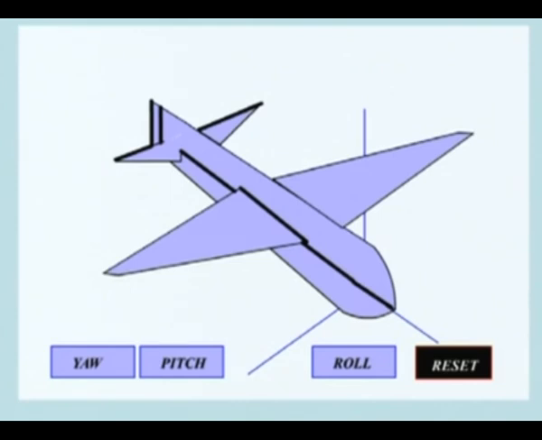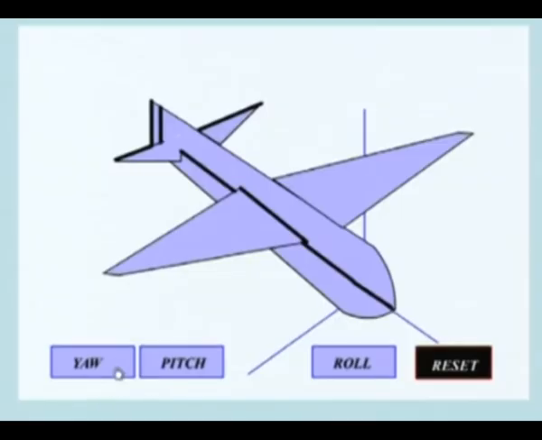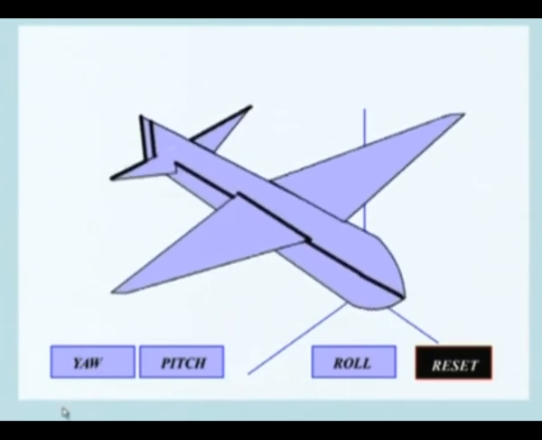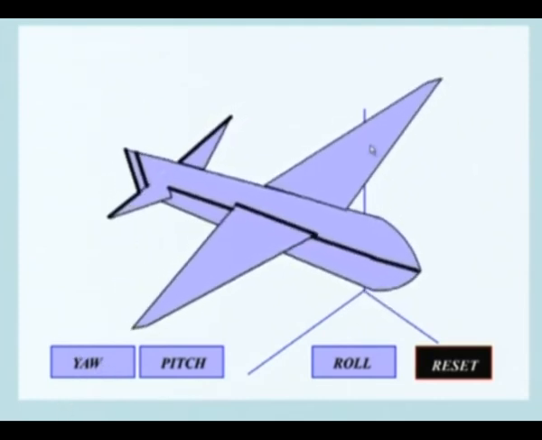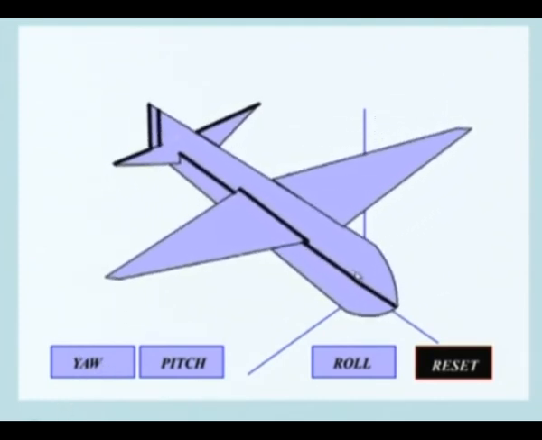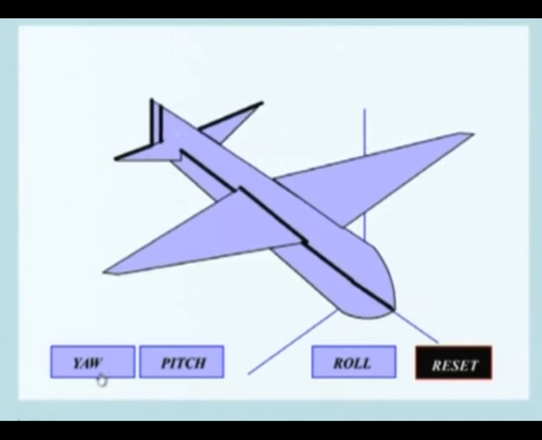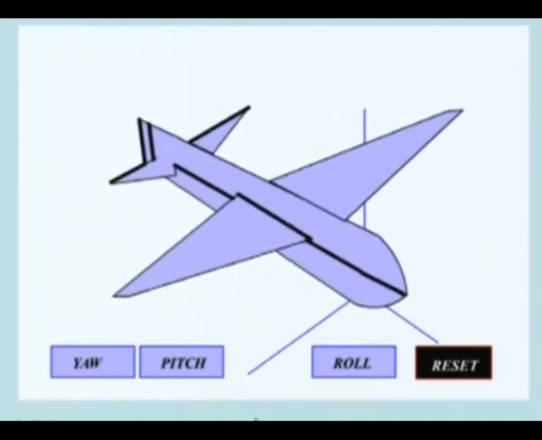Now we can have another type of rotation, the more common convention in engineering applications, like this. We can have the axis system and we can have yaw. This is called yaw motion. That means the plane is moving about this vertical axis, that is yaw motion.